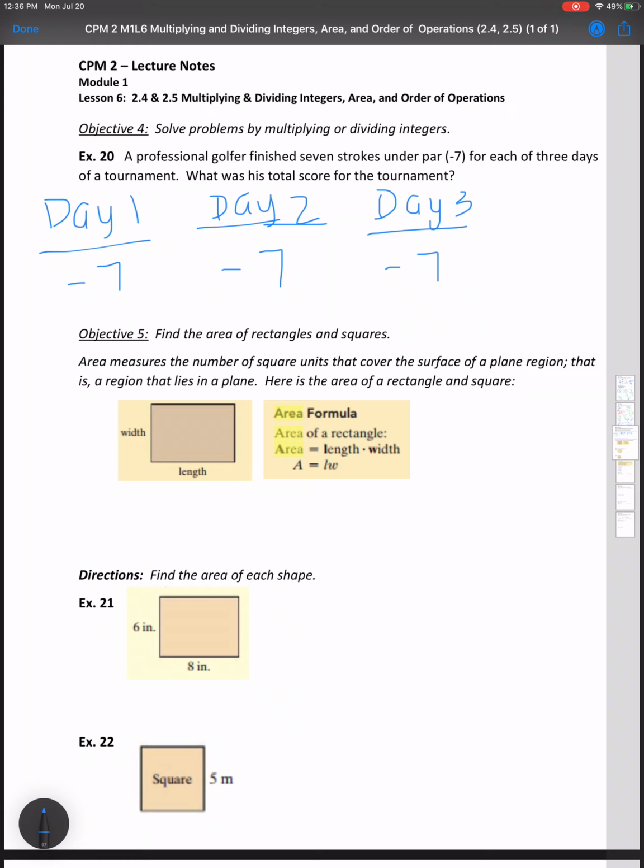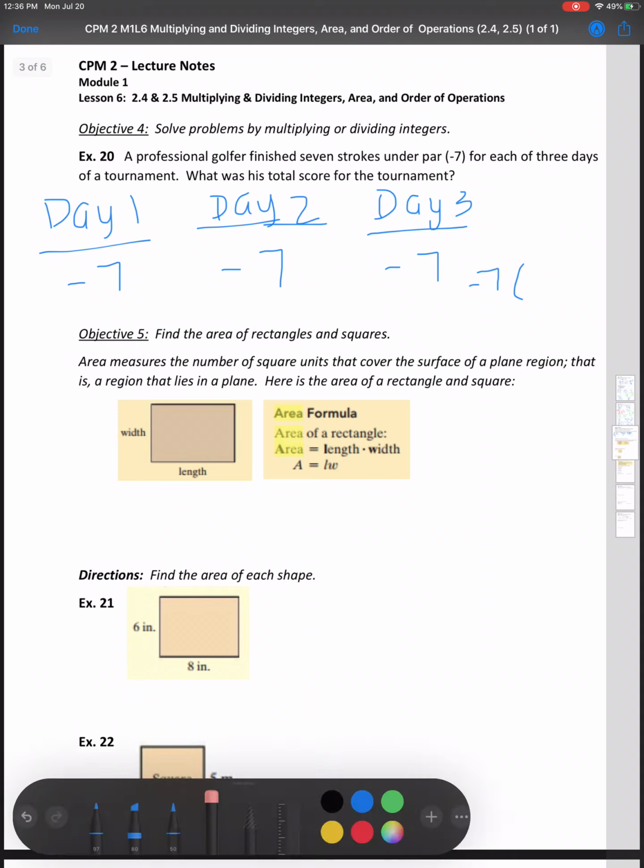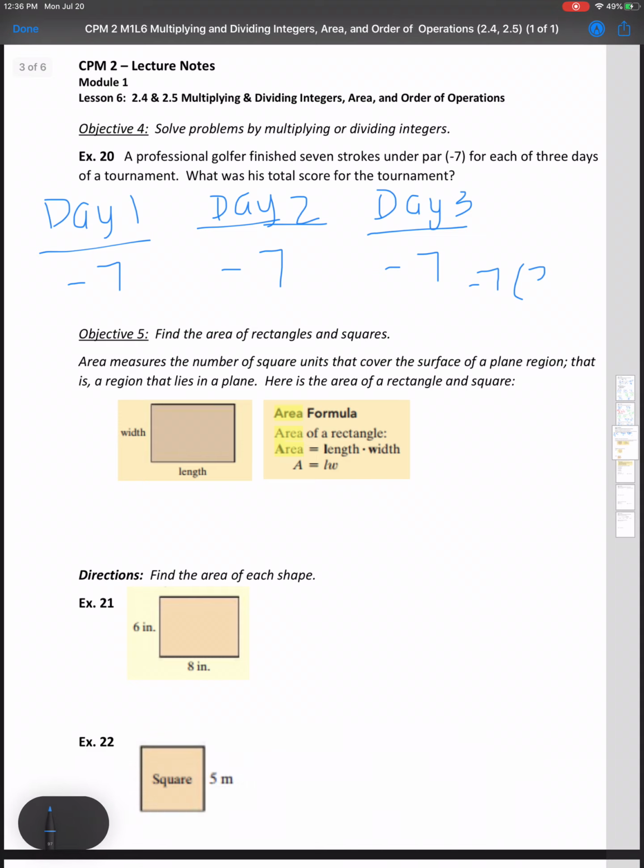Well, really, this is just -7 times how many days? 3 days. So -7 times 3 is -21. That's how he finished. And you can also think -7 plus -7 plus -7 is -21. So different ways to think about that.